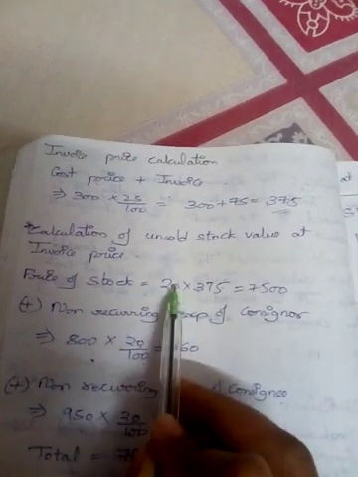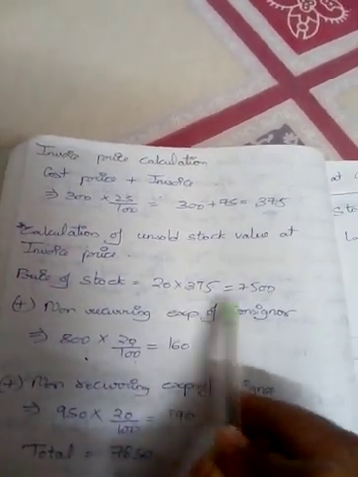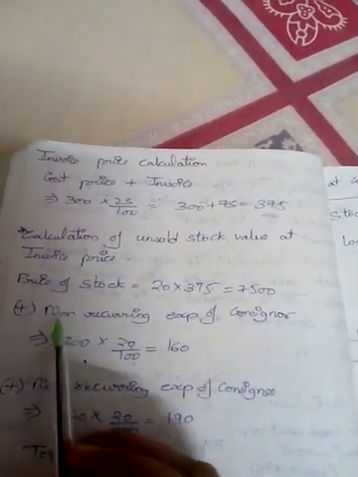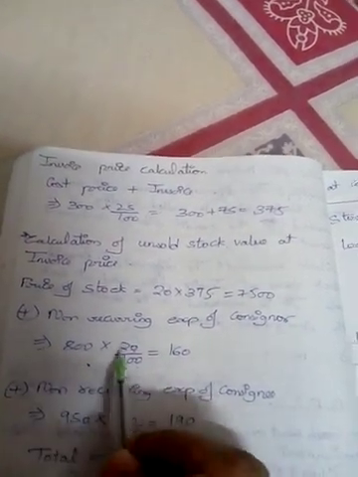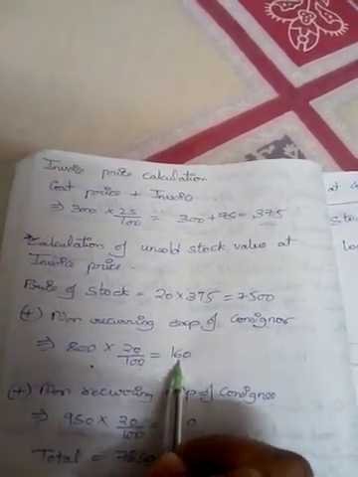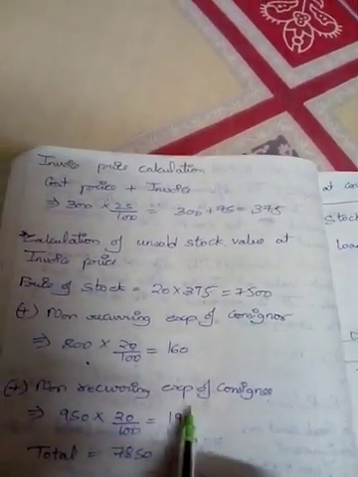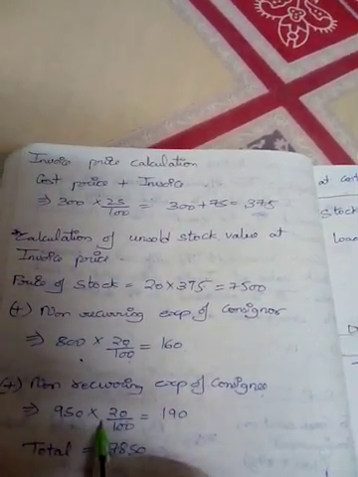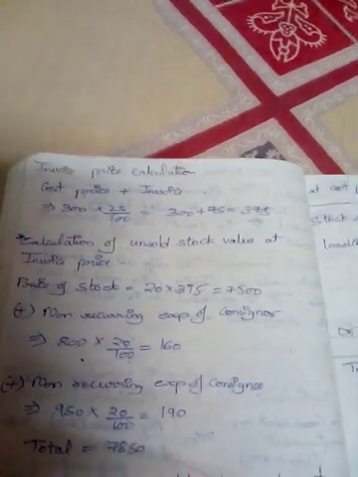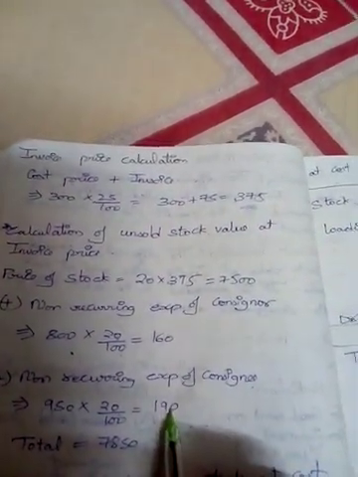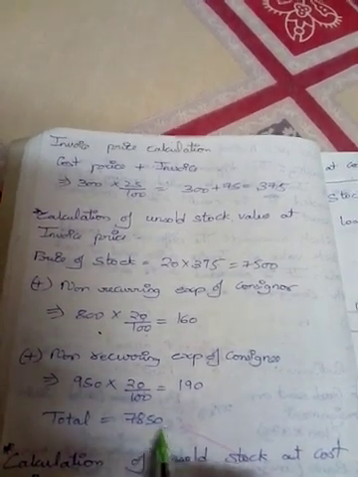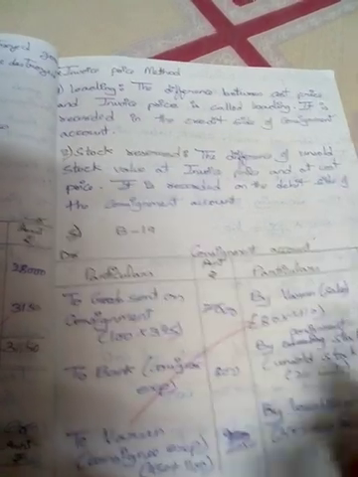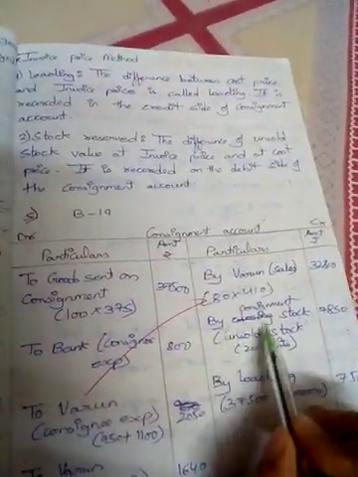Price of stock is 20, each costing 375, that is 7,500. Plus non-recurring expenses of consignor, 800 into 20 divided by 100, 160. Plus non-recurring expenses of consignee, 950 into 20 divided by 100, which will come to 190 rupees. Total value of consignment stock is 7,850.